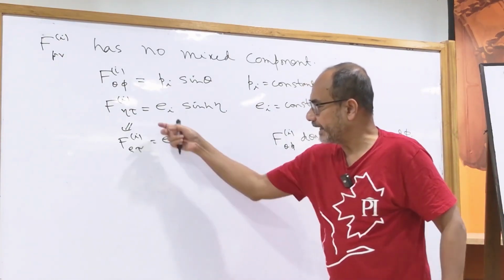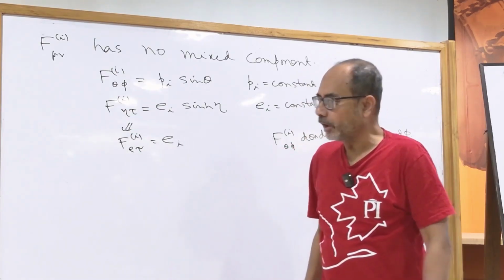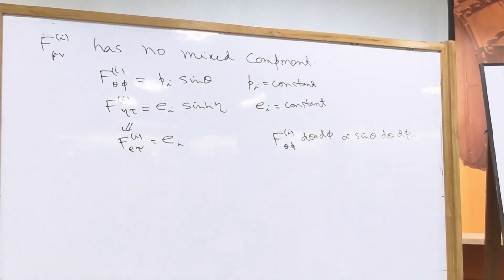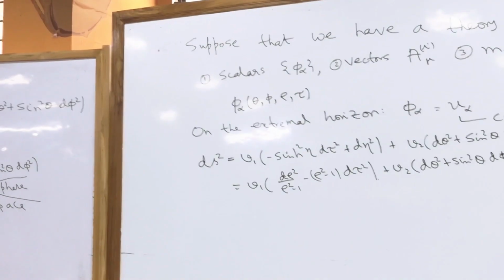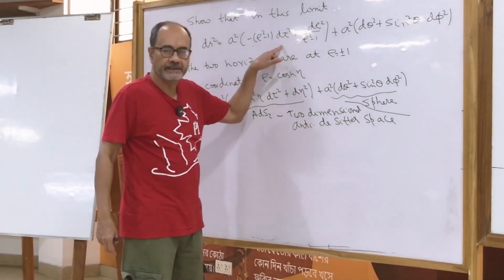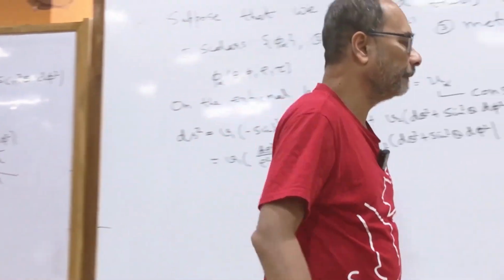Here you can get it either by making a coordinate transformation from η to ρ, or directly in the ρτ space. You can see the area form in the ρτ space. Here the determinant is 1, so the area form is just dρ dτ. That's why you don't have any other function.